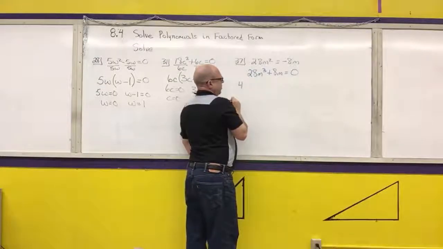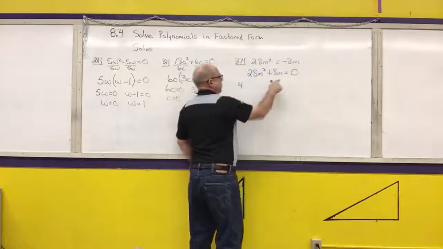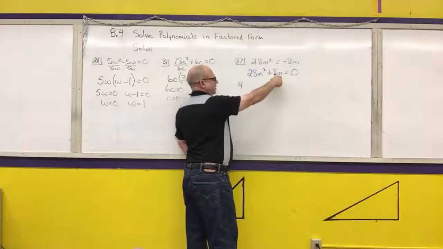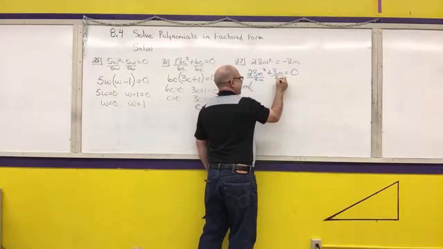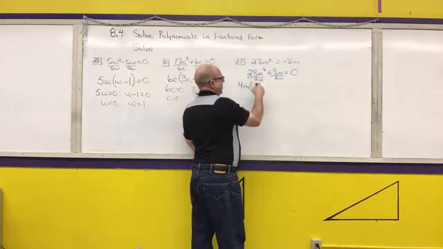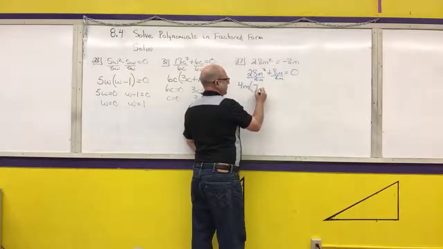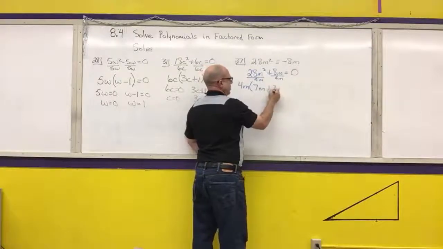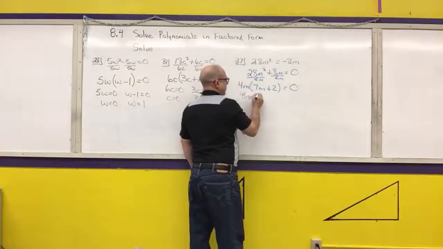The lowest power of m is 1. So divide everything by 4m. 28 divided by 4 is 7. M squared divided by m is m. 8 divided by 4 is 2. M divided by m is 1. Set each factor equal to 0.